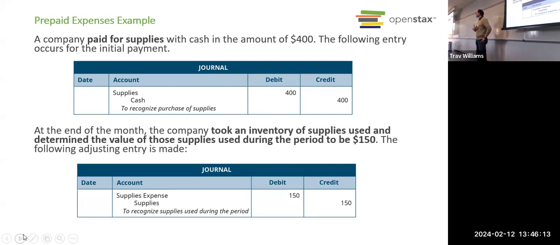But we know we have to debit something, right? And that's where we can now count it as an expense. Is expense part of DEAL? Yes. Okay, so both assets and expenses are part of DEAL. But expense, when we debit it, it means the expense is going up, but what's happening to equity?